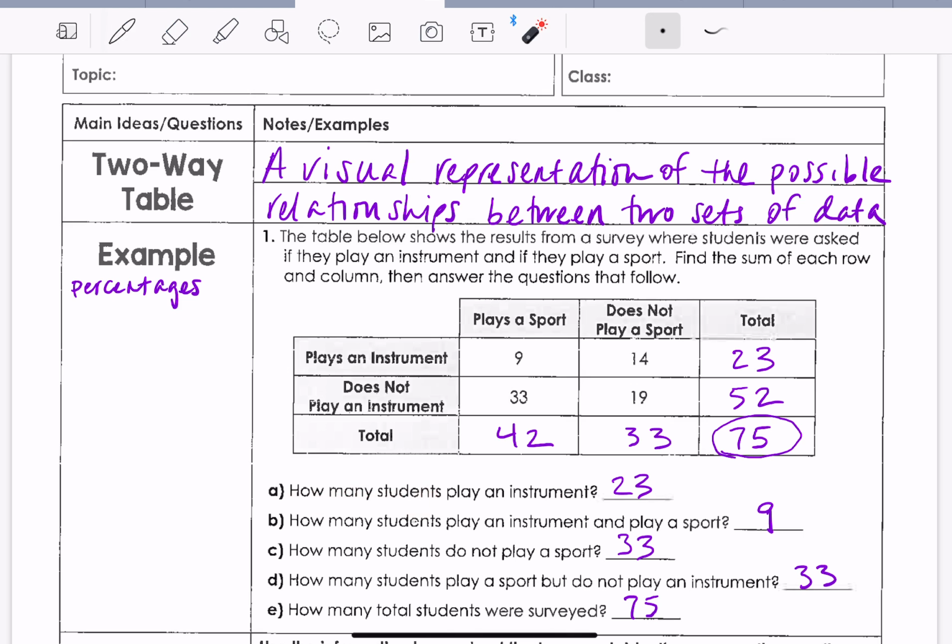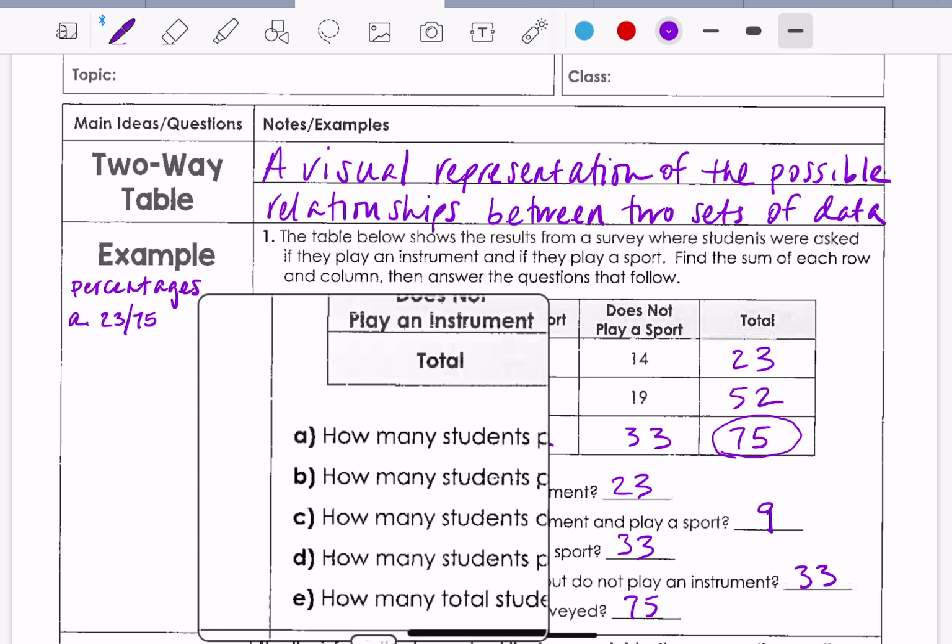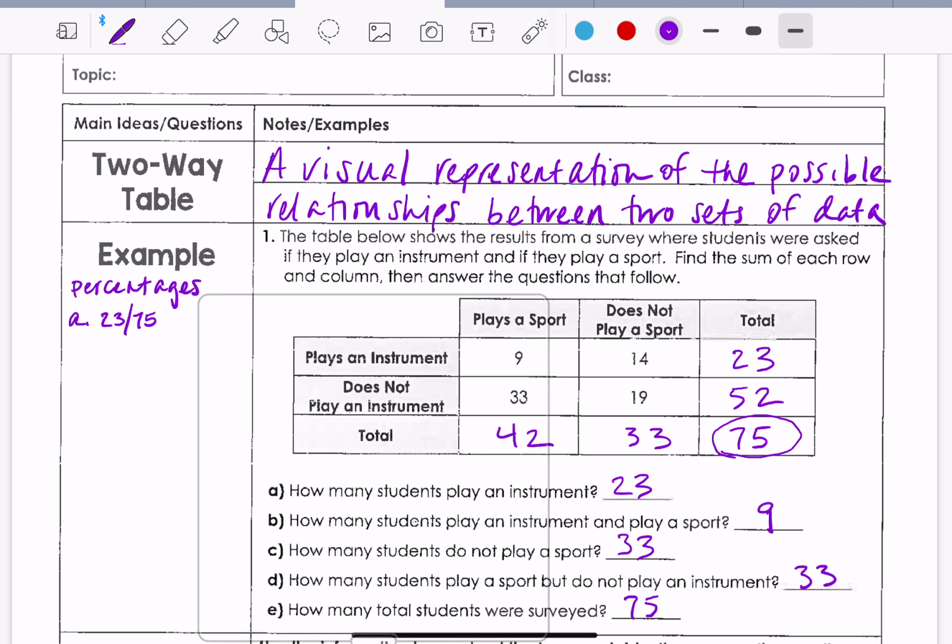The percentage is going to be how many students play an instrument, 23, divided by the total, and then I'm going to multiply that by 100 to get my percentage. So in my calculator, if I do 23 divided by 75 times 100, I get 30.66. I'm going to round that to 31%.